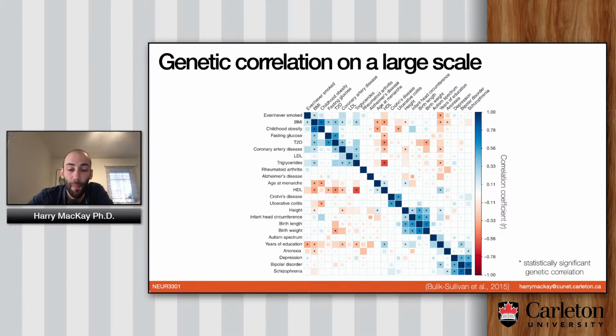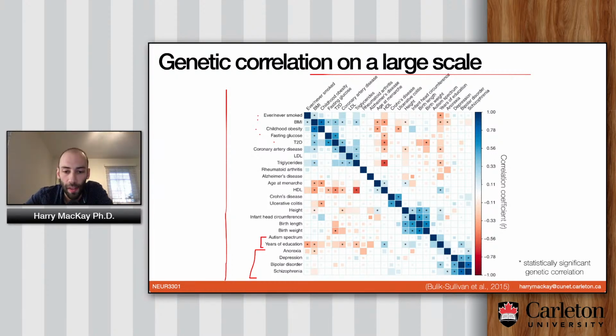So let's just kick back and enjoy this plot for a little bit. This is a correlogram. A correlogram expresses the results from a large number of pairwise correlations. So on the X and Y axes of this figure, you have all the different traits that were studied: smoking, BMI, childhood obesity, fasting glucose, type 2 diabetes, etc. Down here you have anorexia, depression, bipolar disorder, schizophrenia, years of education, autism spectrum, that kind of thing.